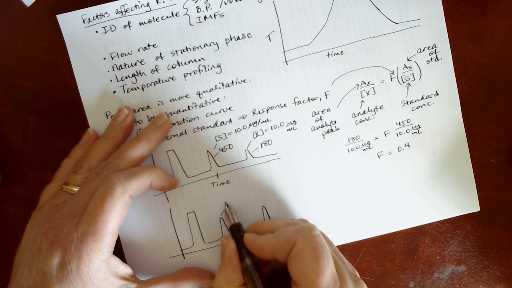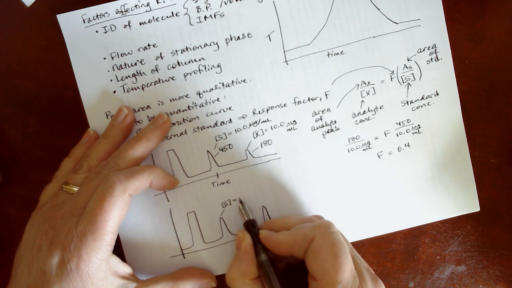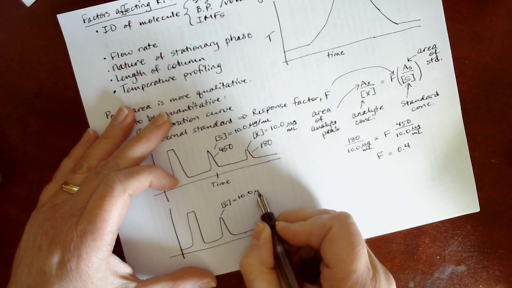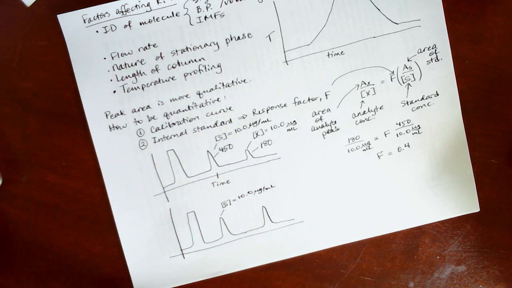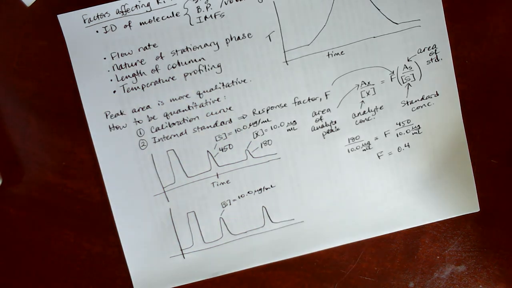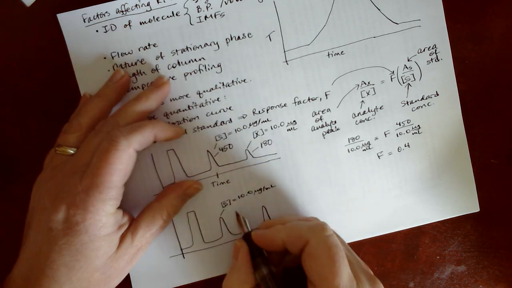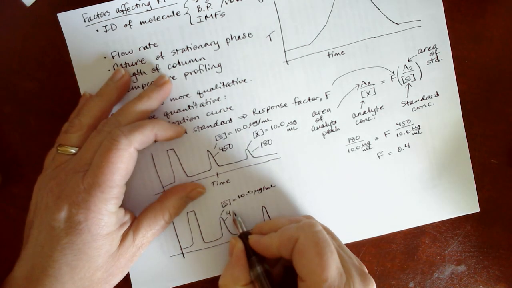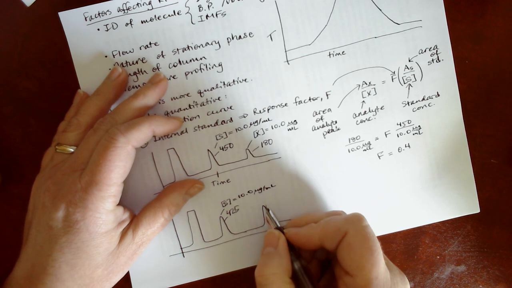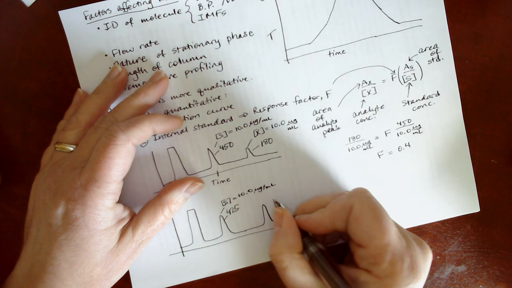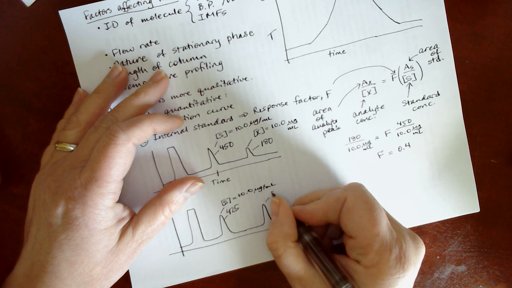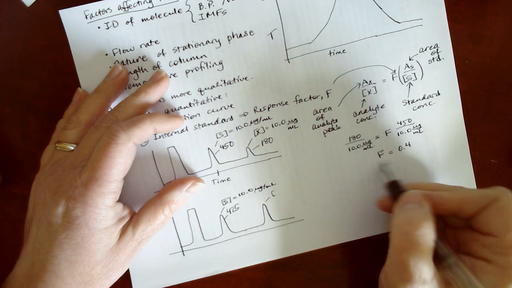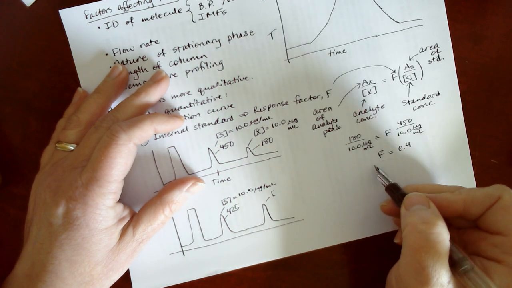So now our standard still has 10 micrograms per milliliter on it. And let's say that this time we only got 425 units of area. They are not always exactly the same, and that's okay because we're comparing them, and that's what our response factor is. It's just talking about a relative response.